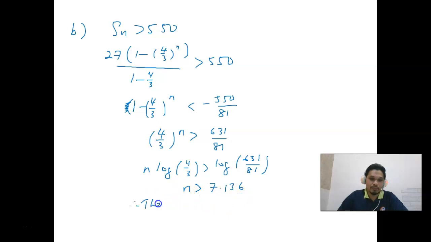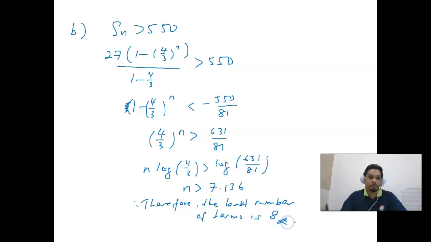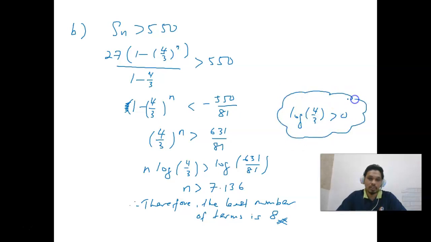So therefore the least number of terms is 8. The hint given is that log 4 over 3 is greater than 0.